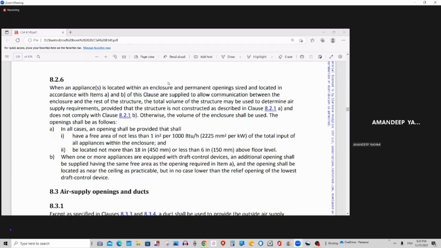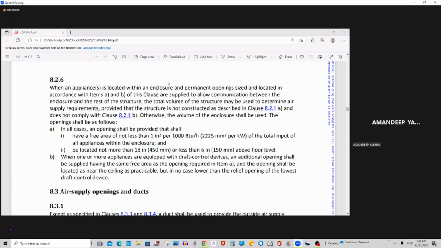The openings shall be as follows. A. In all cases, an opening shall be provided that shall have a free area of not less than 1 square inch per 1000 BTU of the total input of all appliances within the enclosure, and be located not more than 18 inches or less than 6 inches above floor level.